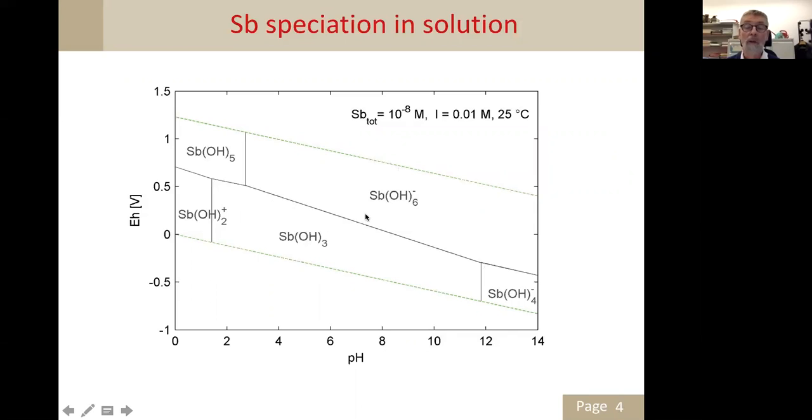And over the pH range which is typical for environmental or soil conditions, it is always present as antimonate under oxic conditions and antimonite in reduced conditions.